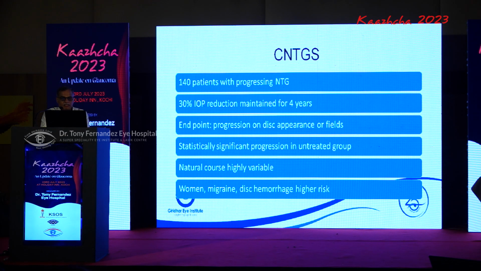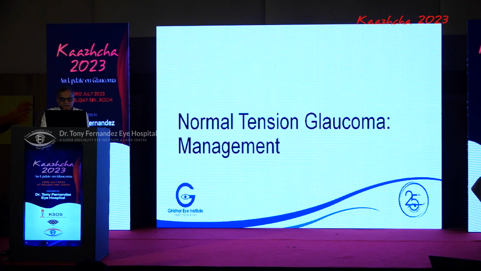At the end point, they found that the treated arm had significantly less progression. But the natural course was highly variable. Many patients who were treated and who maintained the IOP 30% lower progressed, while many persons who were not treated did not progress either. They found women, migraineurs, and those with disc hemorrhages had a higher risk of progression.